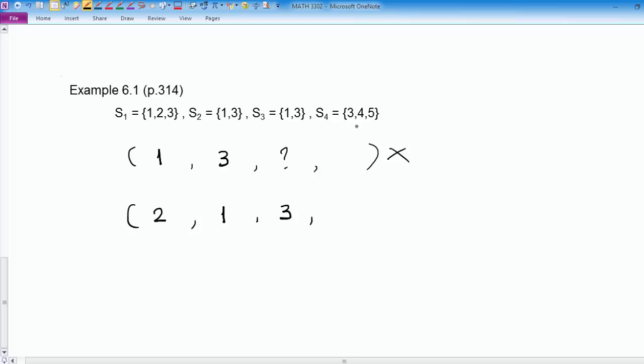And then finally, we can use number 4 or 5 for the fourth element. So this is an SDR for sets S1, S2, S3, and S4.